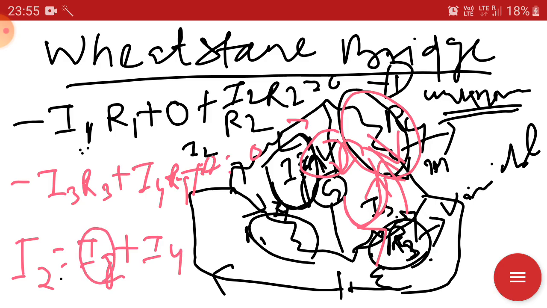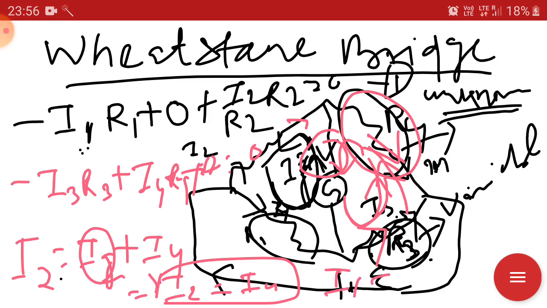As Iz is equal to 0, we can write that I2 is equal to I4. Similarly, we can write I1 is equal to I3.